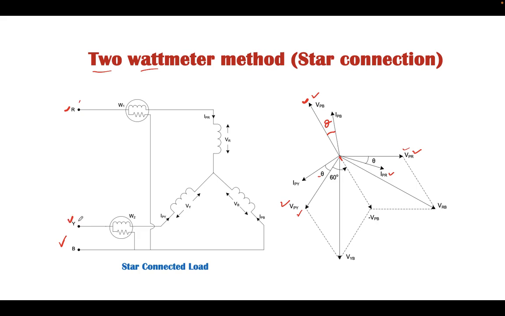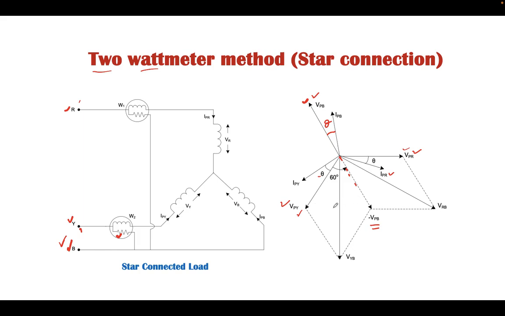Similarly, for the second wattmeter connected in Y phase, the voltage across this coil is the phasor sum of Vy and Vb. And hence, when we reverse this vector Vb, it will be minus Vb. P here denotes the phase value, phase quantity.